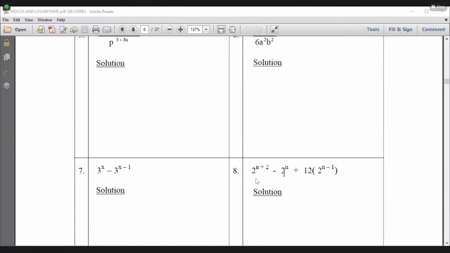There's a common factor there, which is 2 raised to power n. Is that true? Yes. So I can put 2 raised to power n outside, then the other side is 2 raised to power 2 minus 1 plus, again, 2 raised to power 2 times 3 into n minus 1.